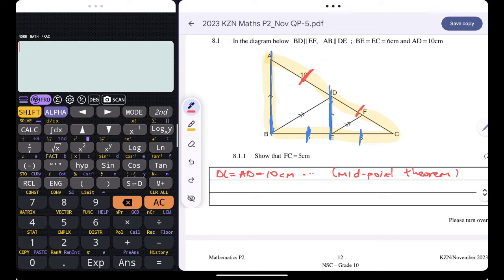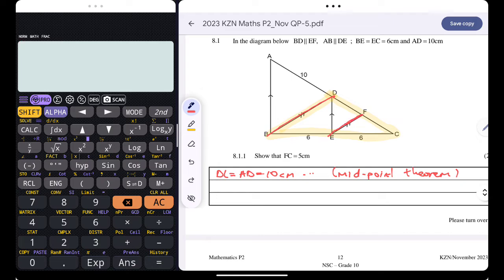Are we together? So I now know that the length of DC is 10 centimeters, right? Remember that I was not asked to find DC, but I was asked to show that FC is equal to 5 centimeters. Now if you focus on this triangle over here, we have this line which is parallel to this one. Are we together?